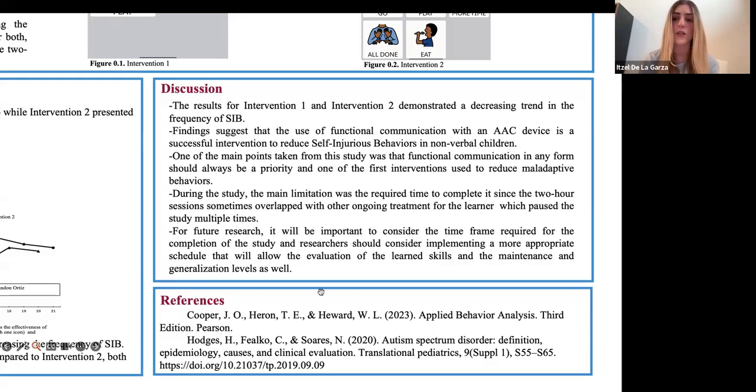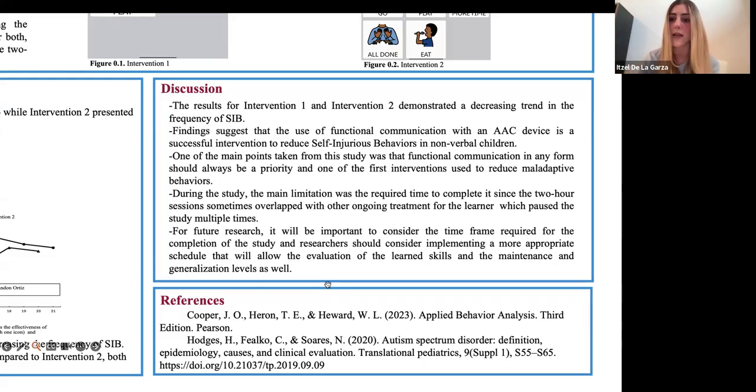And for future research, I would recommend anyone who's gonna be doing something like this in the future to consider the time frame required for the completion of the study, and also to consider that it would be really cool to see the maintenance and the generalization of the intervention of the behavior that we want to see later on.